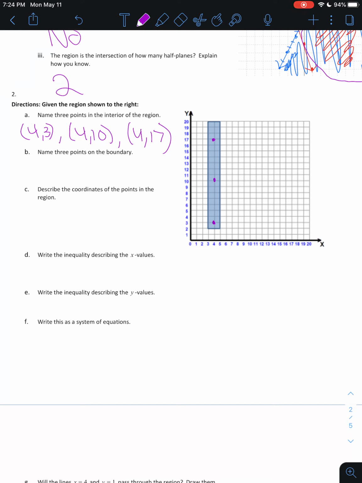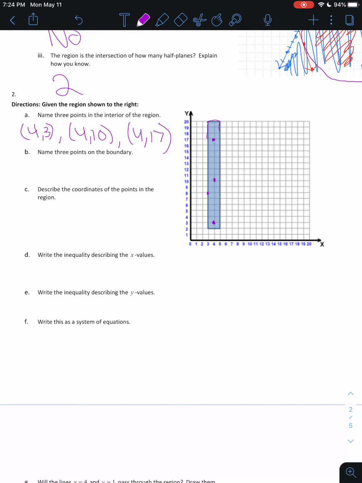Next one is name 3 points on the boundary. Now this time, the boundary specifically refers to the edges, right? The line. So we see the border of the rectangle. So these points I drew were not on the boundary, right? They were inside. Whereas 3 points on the boundary would be any 3 points that are on the border.